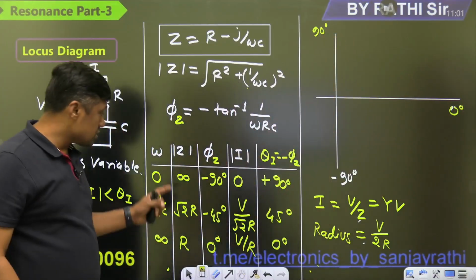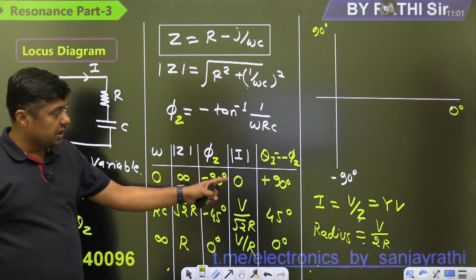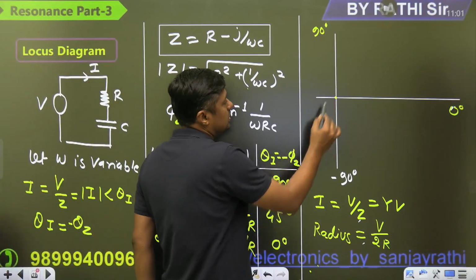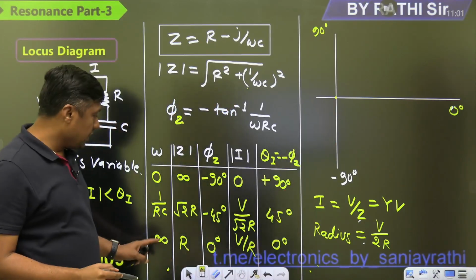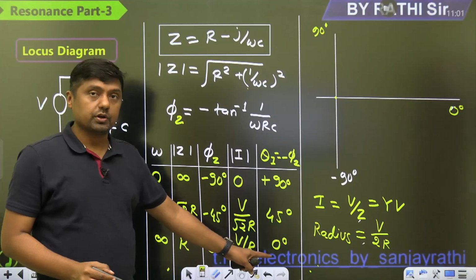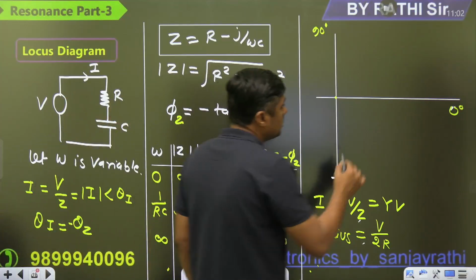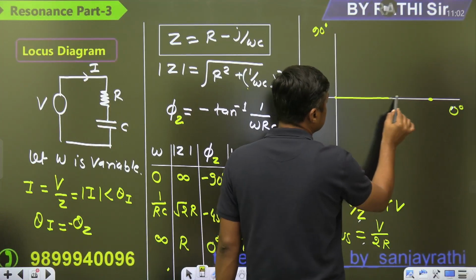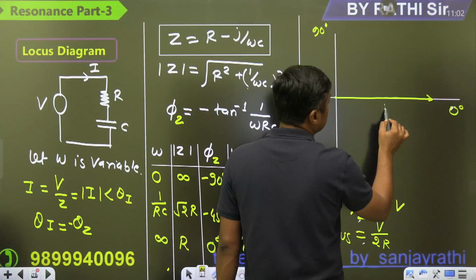Then first, when the omega is 0, what is the current? 0. This is the 0. Now, when omega is infinity, what is the current? V by R. And what is the angle? 0 degree. So draw the two points. V by R means this is the V by R phasor.